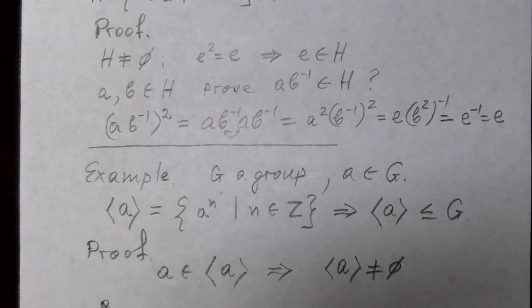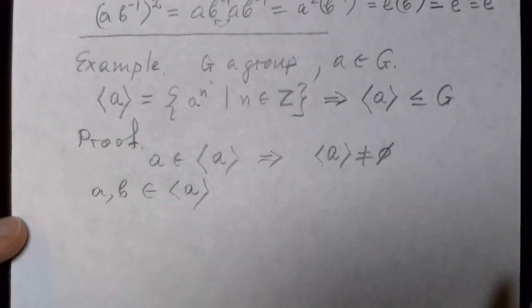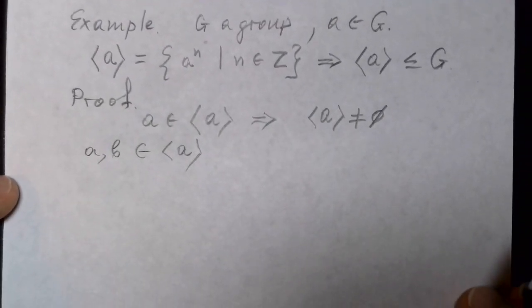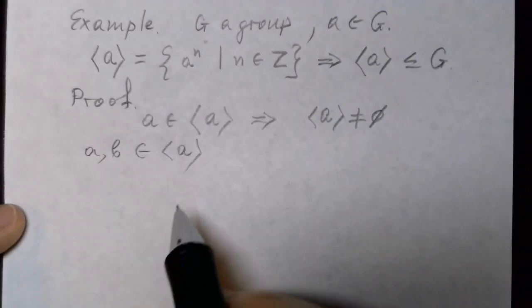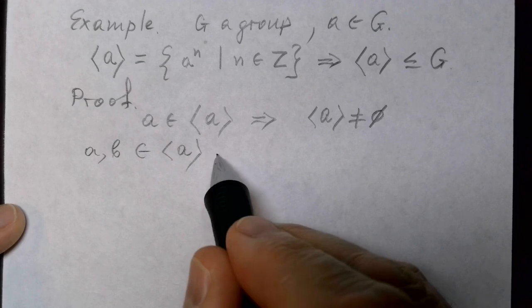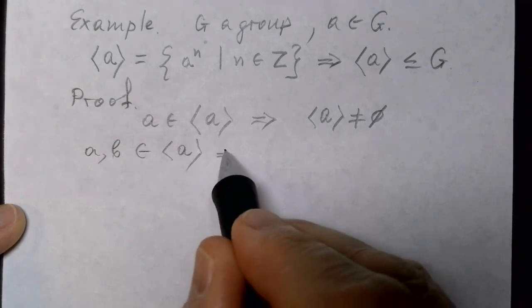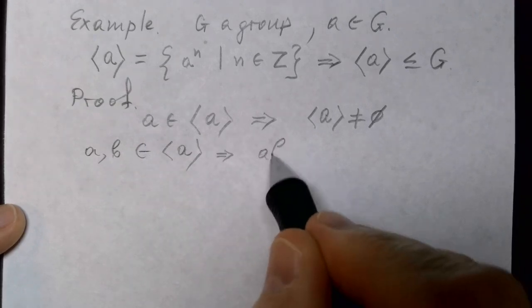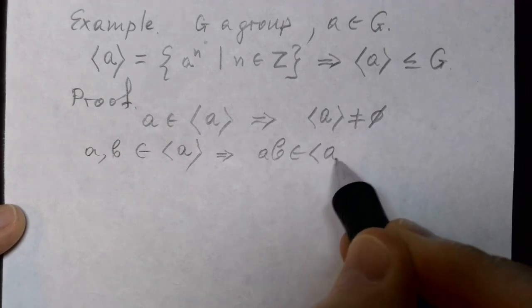Now select two elements in the subset, and prove that their product is also in the subset.